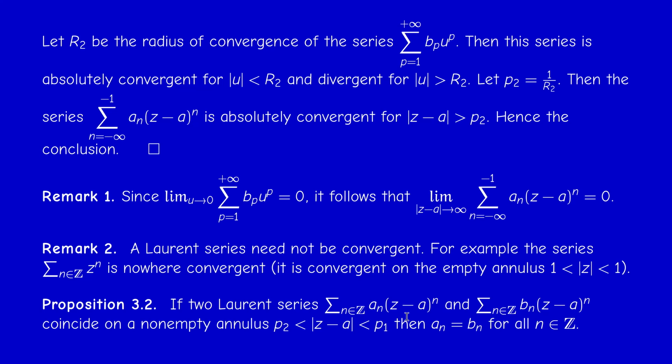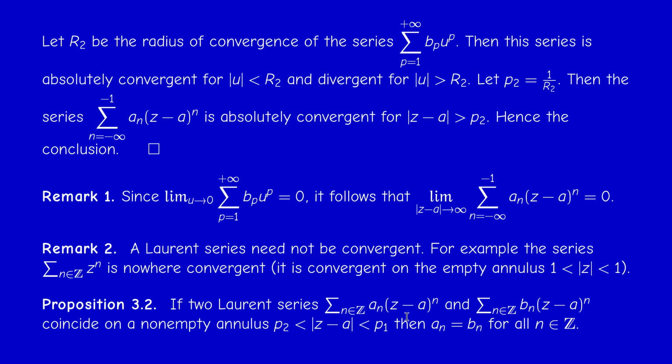Next result, it's about uniqueness. So you probably know that if two power series are equal, then they have the same coefficients. We didn't prove that in this course, but you probably proved it in another course in the second year. And now we have something similar for Laurent series.